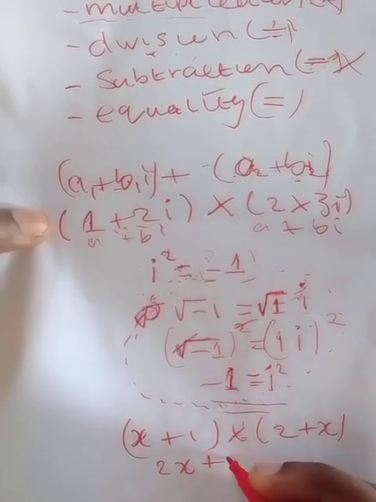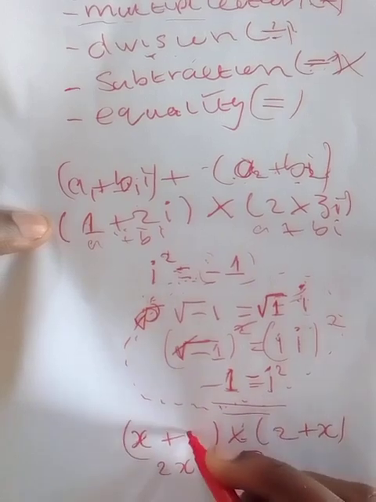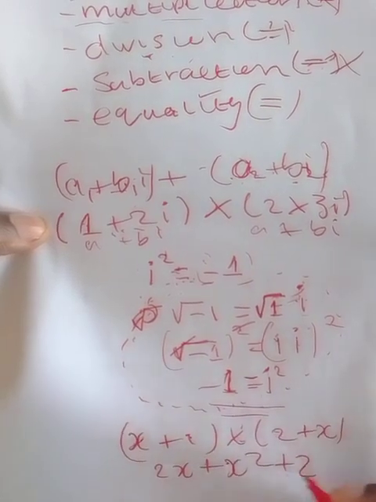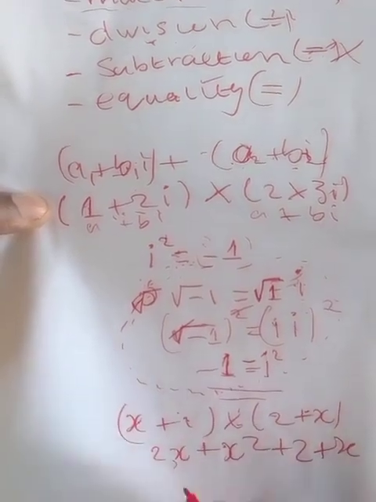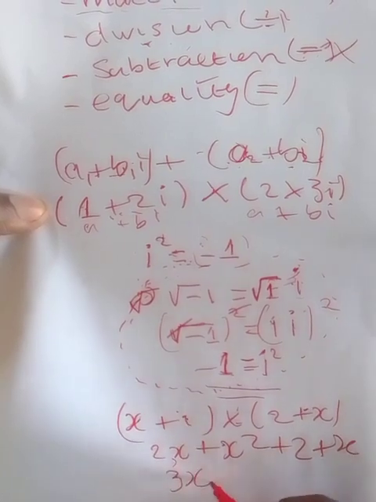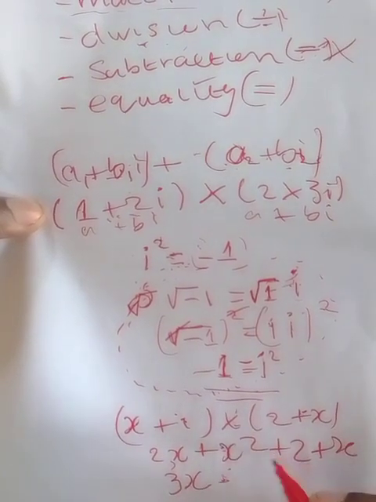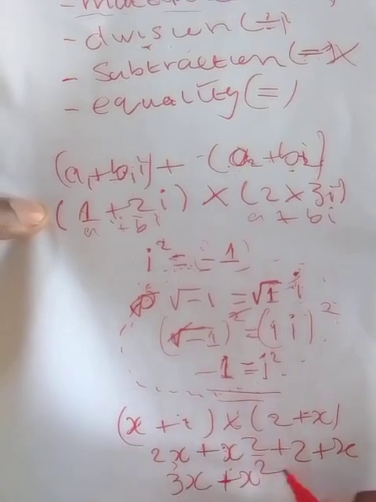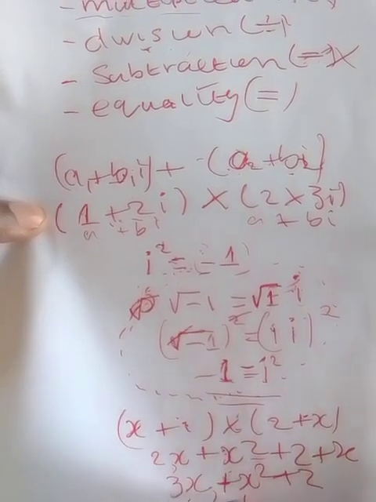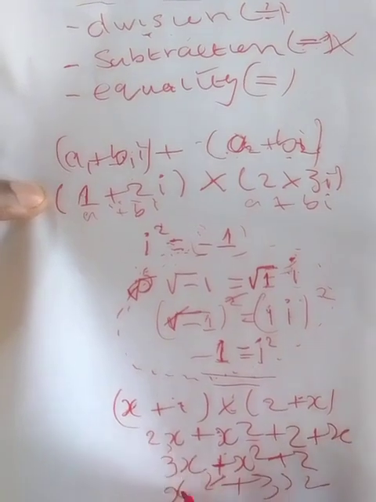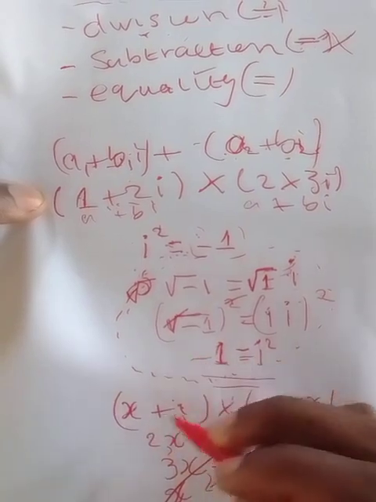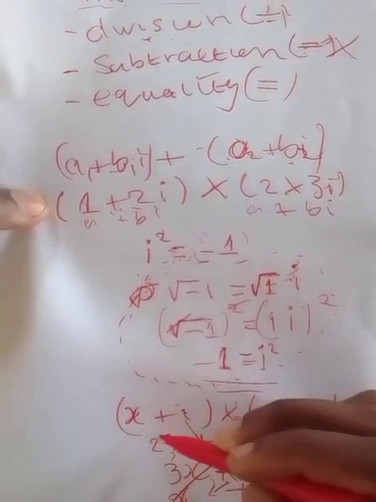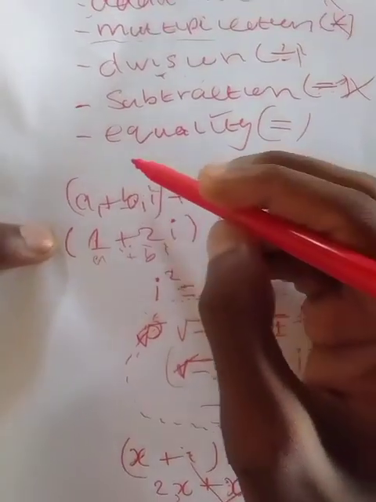And then 1 times 2, you get 2. 1 times x, you get x. You add the like terms, you have 3x plus x squared plus 2. Rearrange the like terms, all those things, the way you used to handle algebraic expressions. This is algebra, guys. So the same way you handle algebraic expressions is the same way you handle multiplying complex numbers.